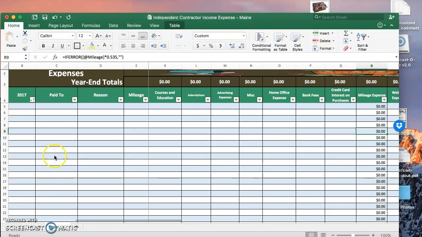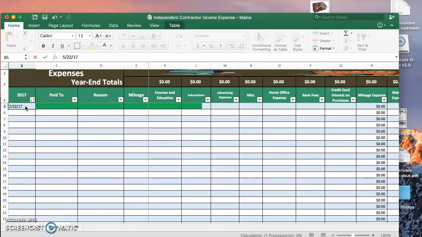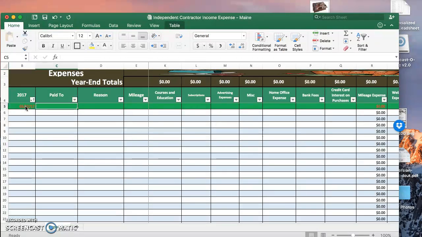In the next tab, we record expenses. Now, expenses can be anything relevant to things that you're paying for. So in this, let's just say on May 22nd, you bought printer paper. You put the date here, paid to whoever you paid it to.